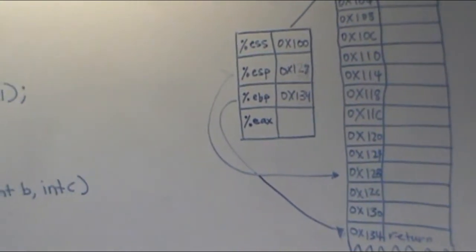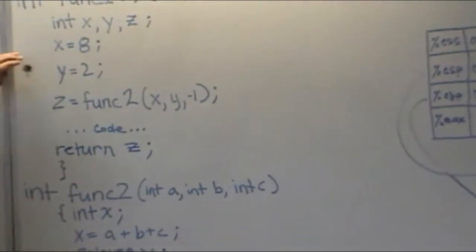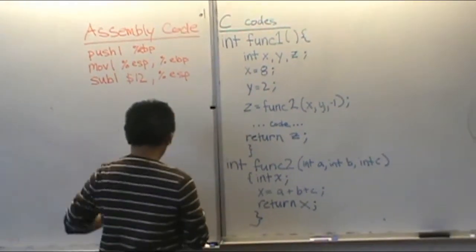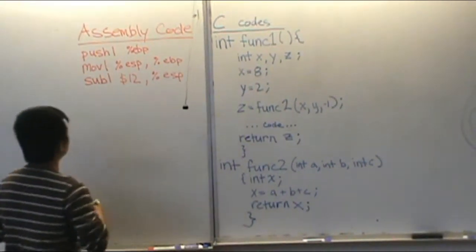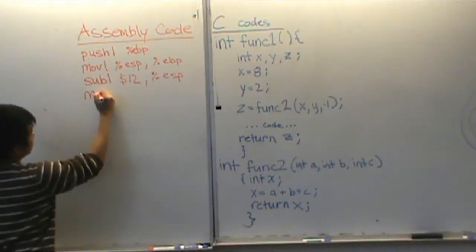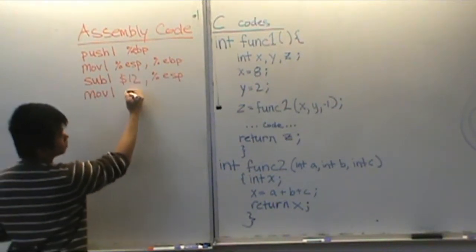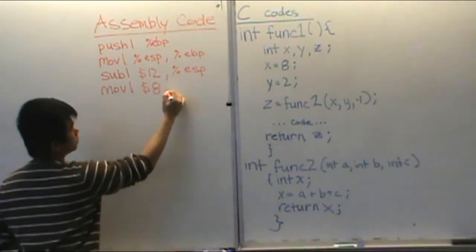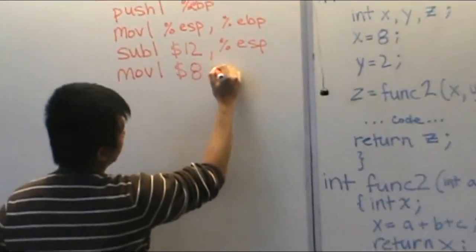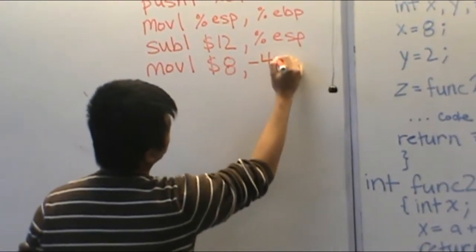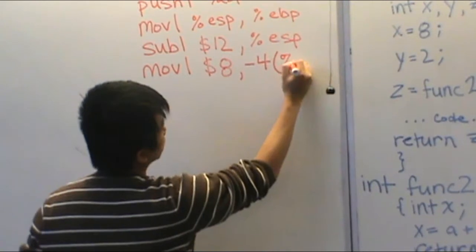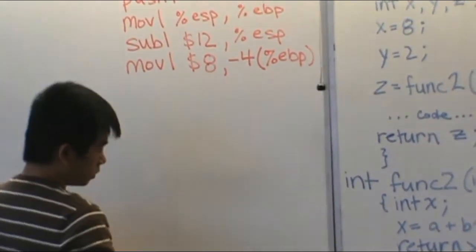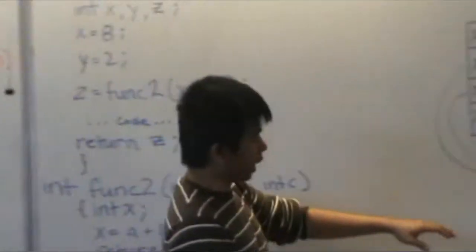Next is the x equals 8 line. So we have to store the value of 8 to x. This can be done using the movl command: movl $8, -4(%ebp).